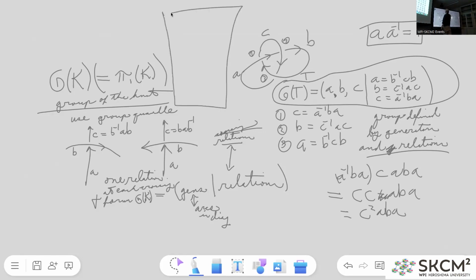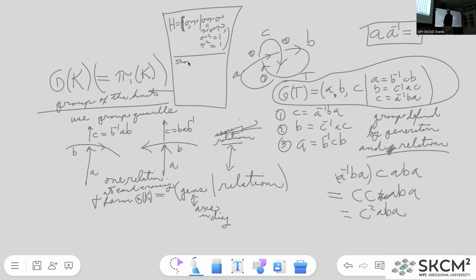Consider the following group, H. This group is generated by sigma and tau, such that sigma tau sigma is equal to tau sigma tau, and sigma squared is equal to the identity, and tau squared is equal to the identity.